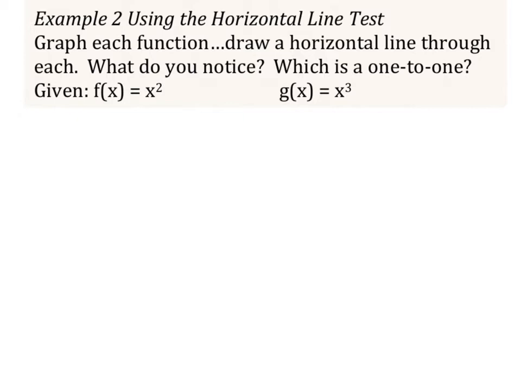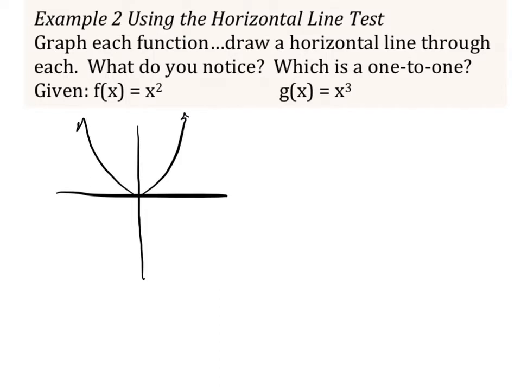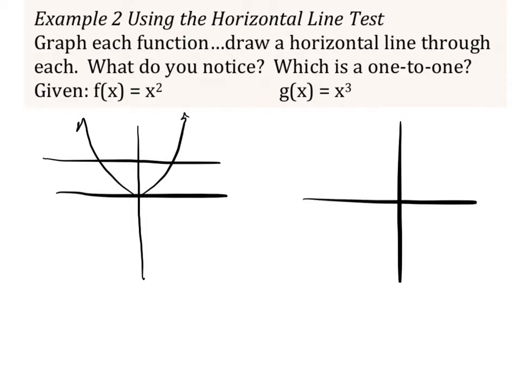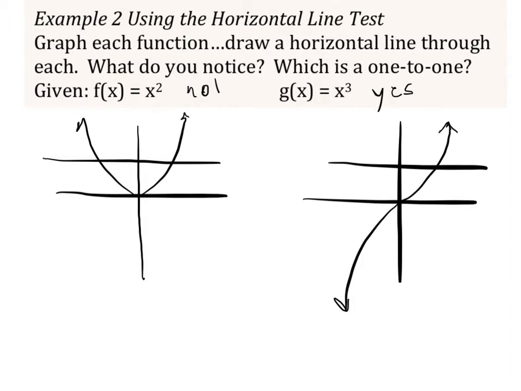So f of x equals x squared, parabola, and then we draw a horizontal line. X cubed, something like that, and we draw a horizontal line. Now, I'm going to tell you that f of x equals x cubed is, yes, one-to-one, and x squared is not.